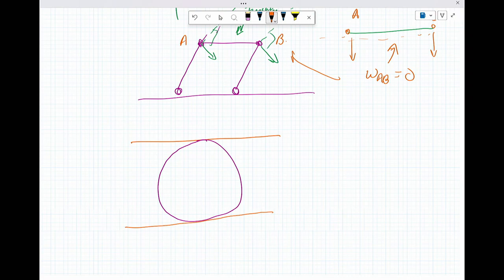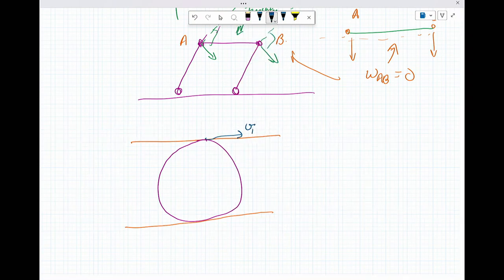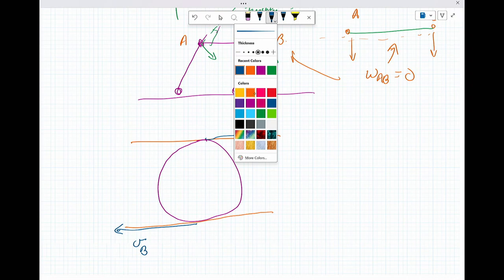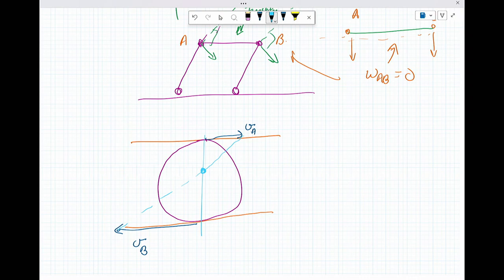And the walls have a velocity A and a velocity B. When you're dealing with problems like this, you need to recognize that your instantaneous center is not the geometric center of the object. So this wheel is being pulled on the top and on the bottom. They have two different velocities, and so it's not symmetric, but the geometry that you'll see is going to be shifted.